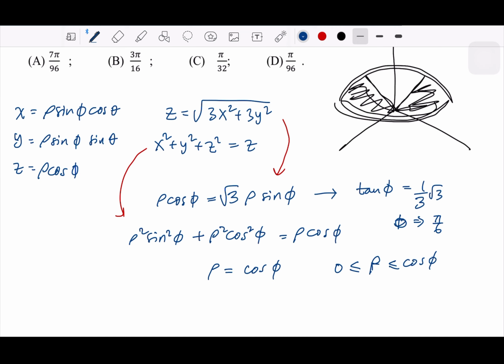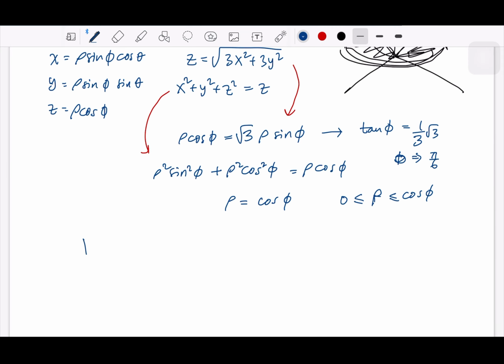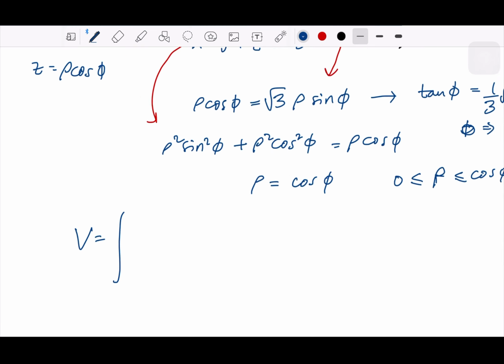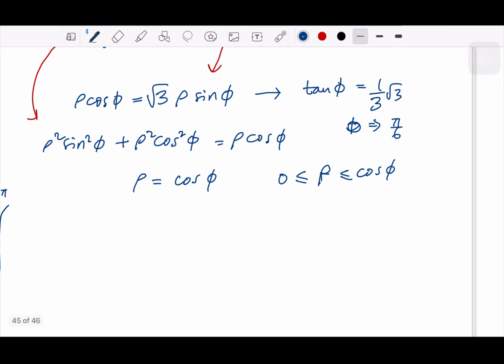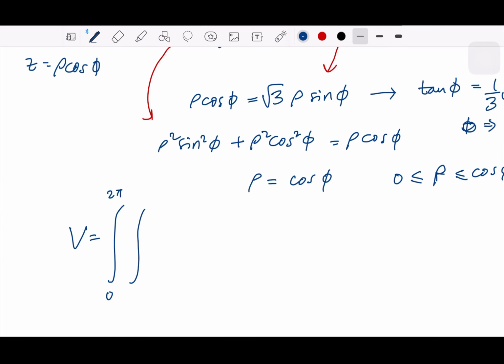So we can set up the volume. We can let theta be outside because there's no theta inside: theta from 0 to 2 pi, phi from 0 to pi over 6, rho from 0 to cosine phi, and rho squared sine phi d rho d phi d theta.